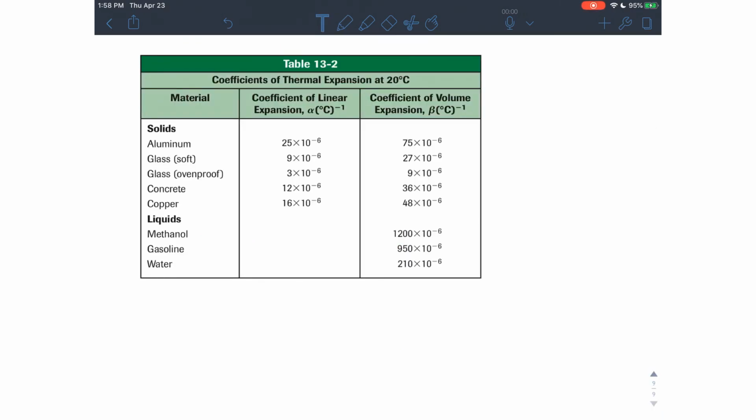And this is a table from our book that has some common coefficients of thermal expansion. Knowing the different applications for thermal expansion can be really useful, mainly in certain construction or architecture jobs in which you need to know the expansion of metal when you heat it up or different materials like that.